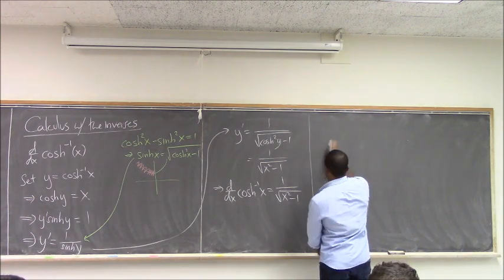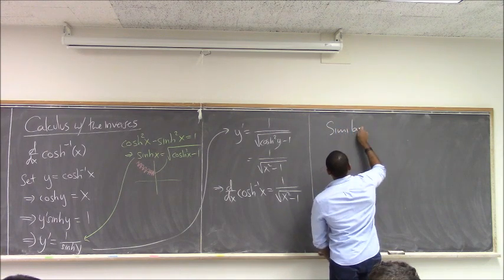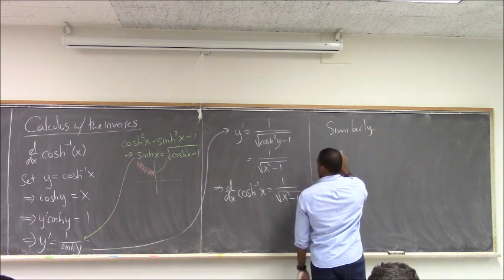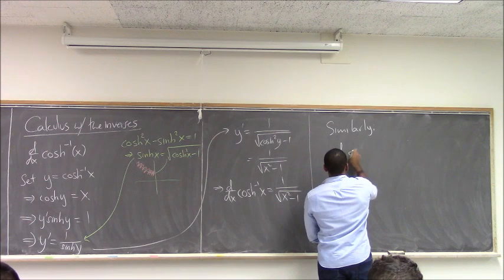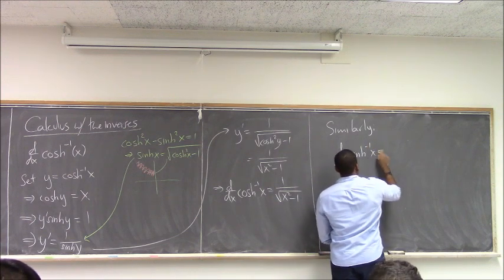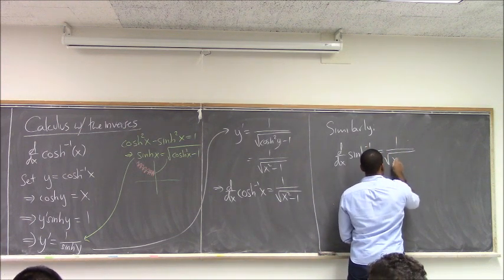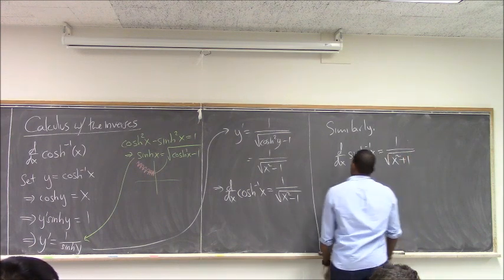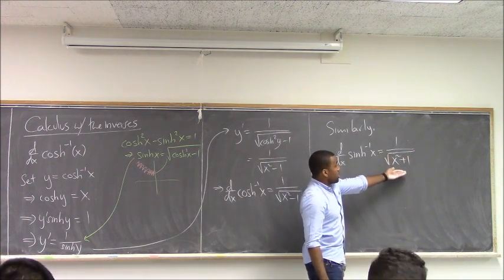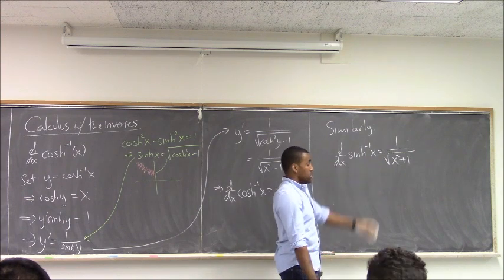Using all those formulas, similarly, you can know that the derivative of the sinh inverse is actually 1 over the radical of x squared plus 1. So if you want to integrate this, you can say it's actually sinh inverse plus c.